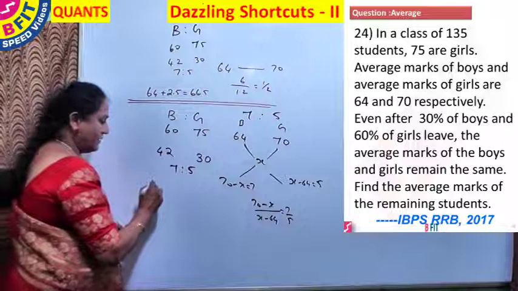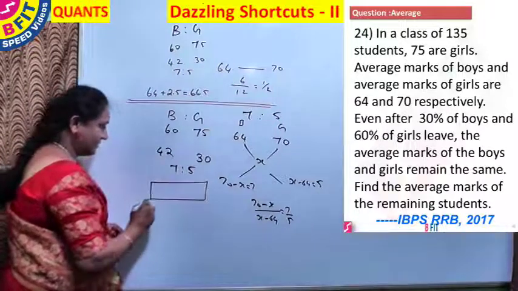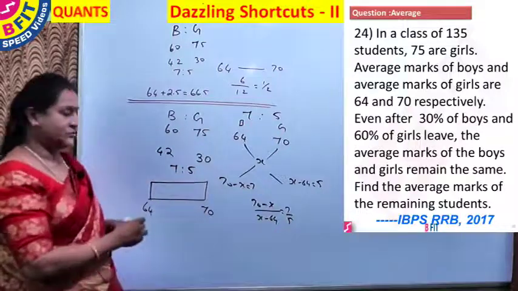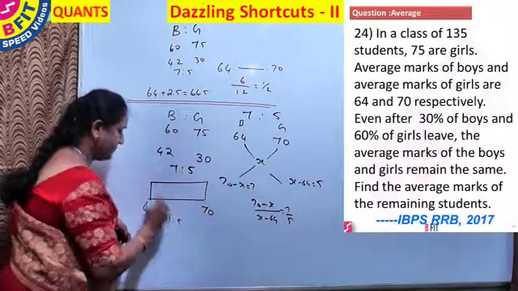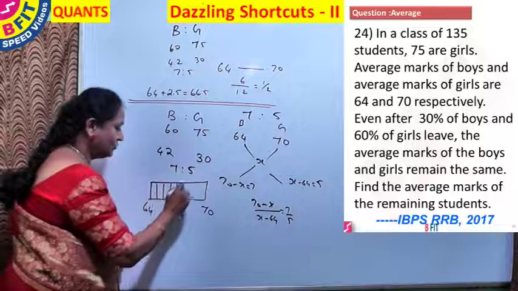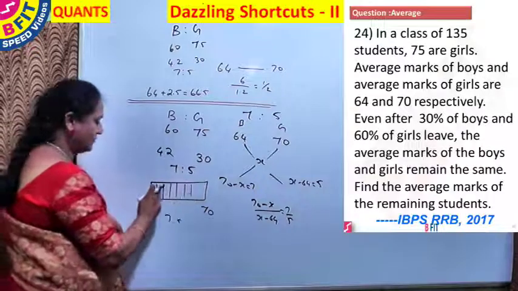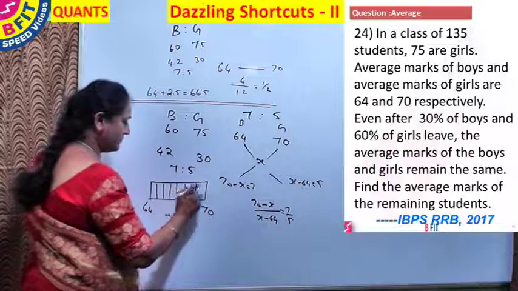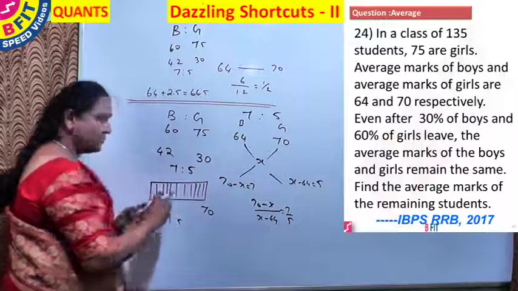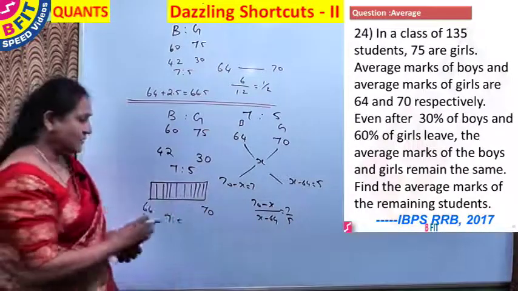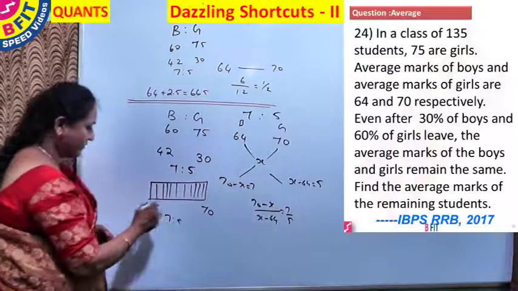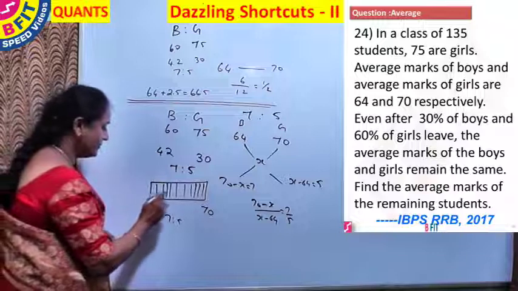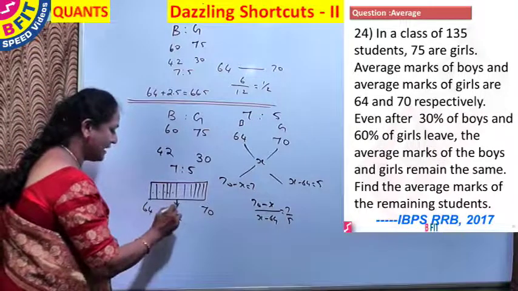Taking the averages 64 and 70, the ratio is 7:5. Dividing this into 12 parts, drawing 11 lines, so it is divided into 12 parts. Now the average of the whole is 5 parts more than 64: 1, 2, 3, 4, 5. So we have here the average.